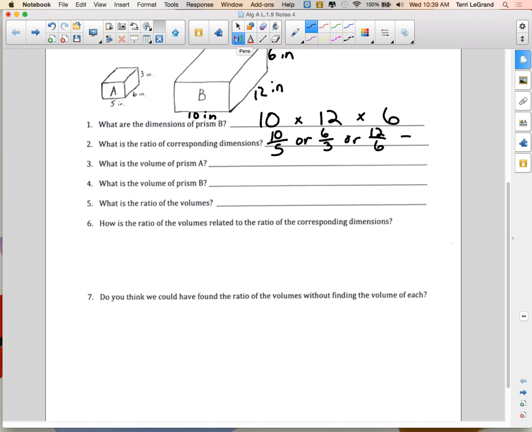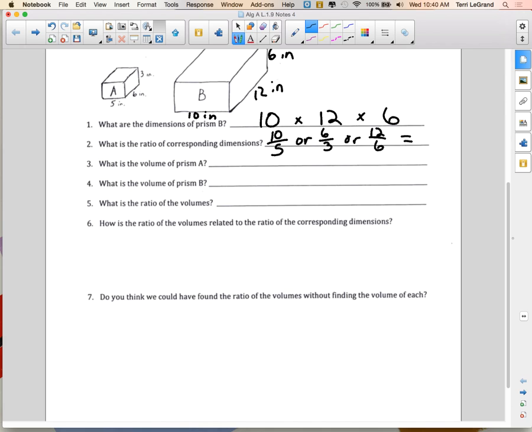No matter what we do, all of them come out to what? 10 over 5 is the same as 2 over 1. 6 over 3 is the same as 2. 12 over 6 is 2.